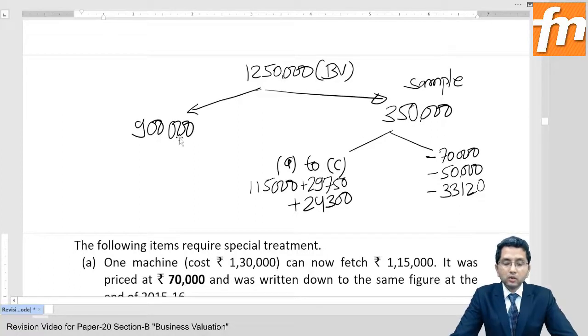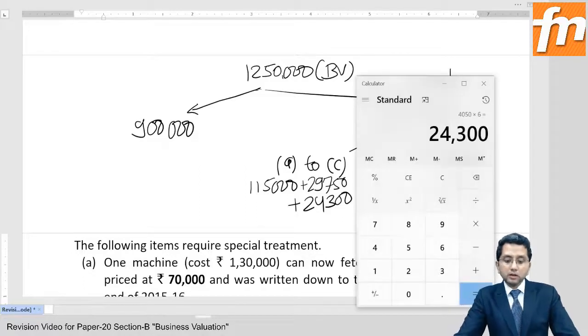9 lakh currently you are not considering. You have taken a sample of 3,50,000. This sample comprises 3 items A, B and C, which will be included at 1,15,000, 29,750 and 24,300 in your books, and their book value should be deducted from the total book value of the sample.